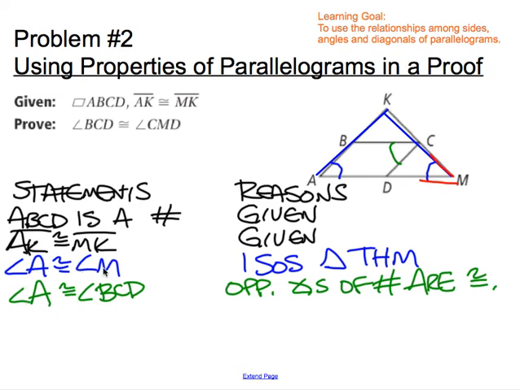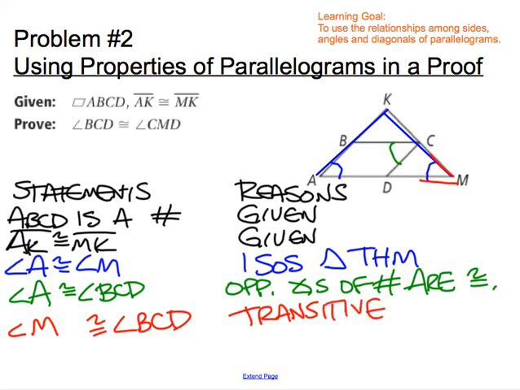So in other words, if M matches A and A matches BCD, then angle M has to be congruent to angle BCD by transitivity. And it just so happens here that angle M can be more aptly written as angle CMD. And so that concludes that proof.